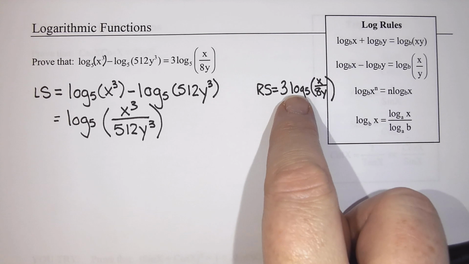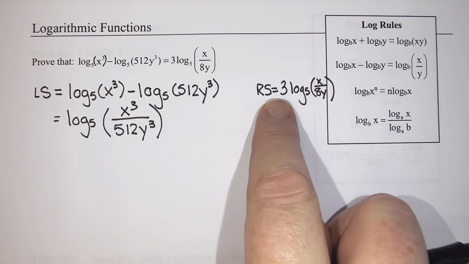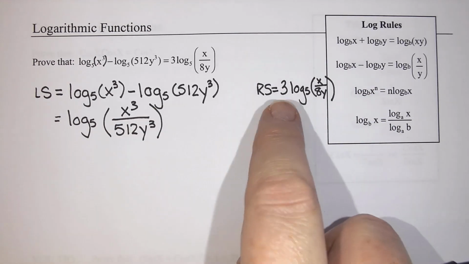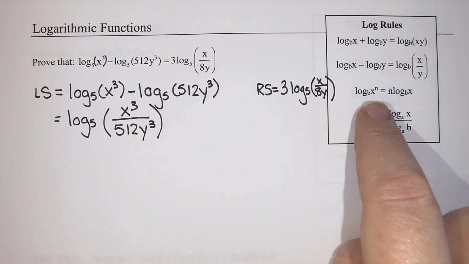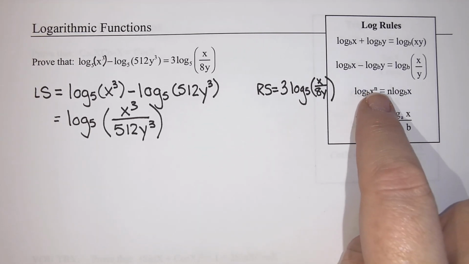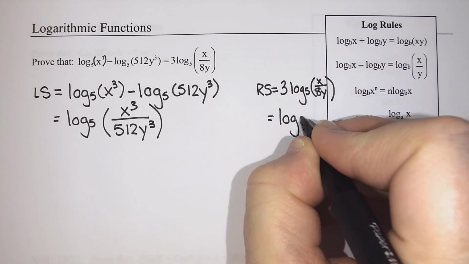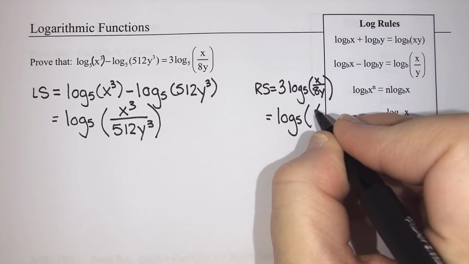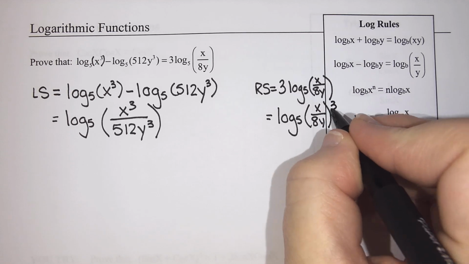We could keep working this side, but I kind of want to give this one a try. I have 3 log base 5 of x over 8y. Something I notice about this compared to this is that this has a number in front and this does not. There is a rule that says if you have a number in front of your log, you can bring it up as a power on your argument. So I'm going to try that. This is going to be log base 5 of x over 8y to the power of 3.